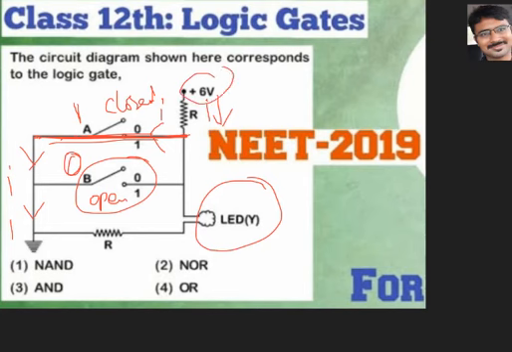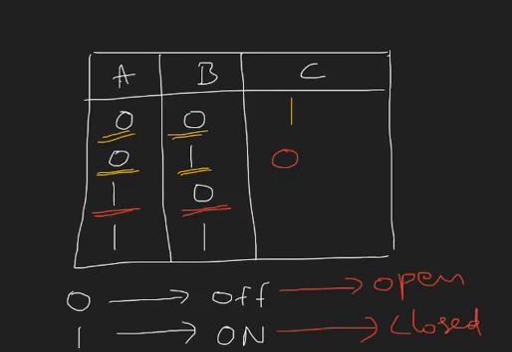Whatever current is coming from 6 volts is coming down and not going towards the LED bulb because here there is 0 resistance. So current prefers the 0 resistance path and finally reaches the earth without coming to the LED bulb. So here also I have to write 0. I hope you are clear how I got this value 0.